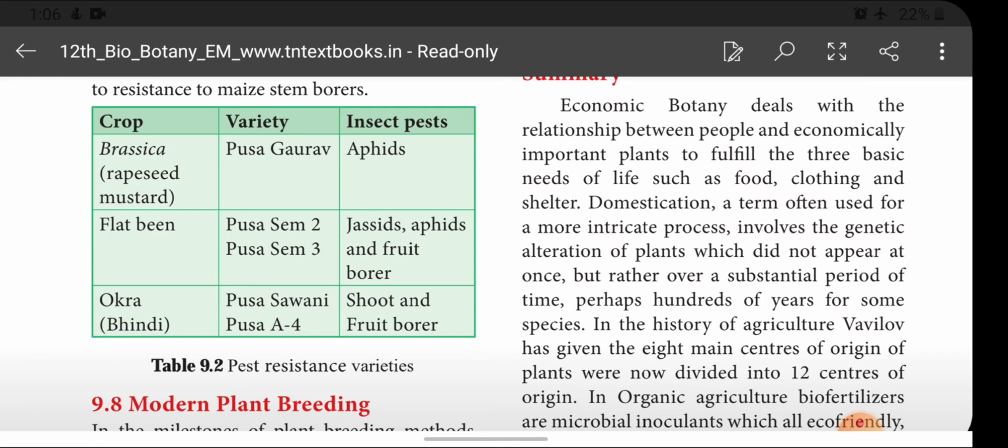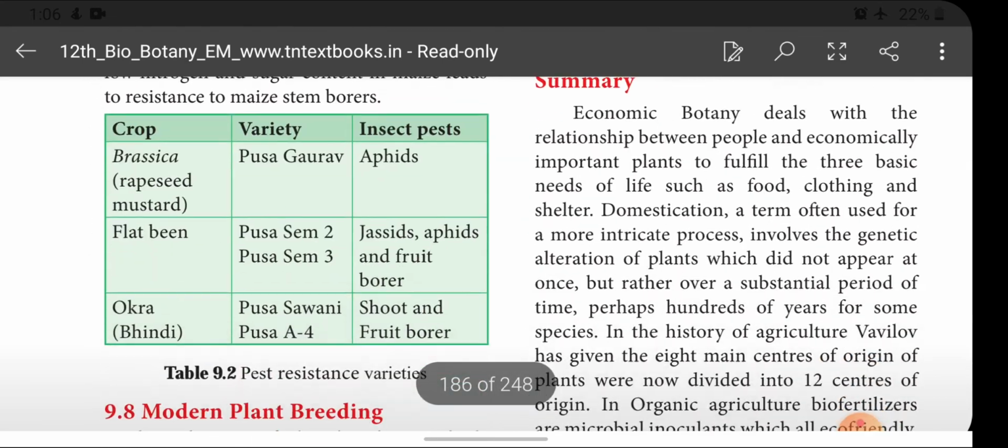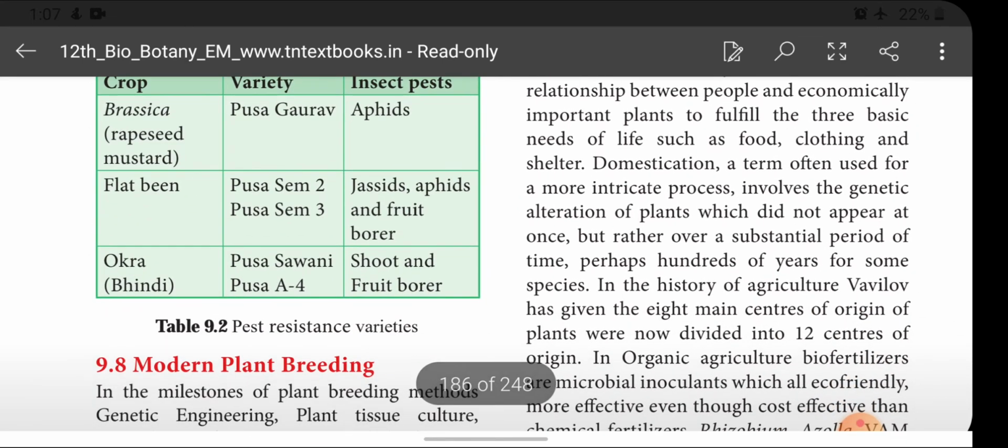Next, flat bean Pusa Sem 2, Pusa Sem 3 is resistant to the insects jassids, aphids and fruit borer. And next one is okra, bhindi. Its varieties are Pusa Sawani and Pusa A-4, resistant to shoot and fruit borer.